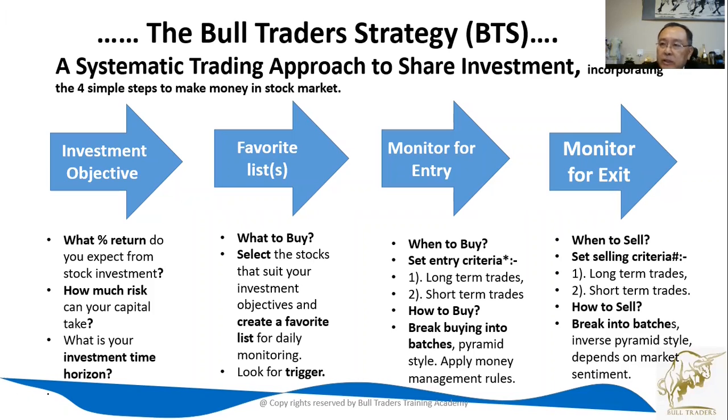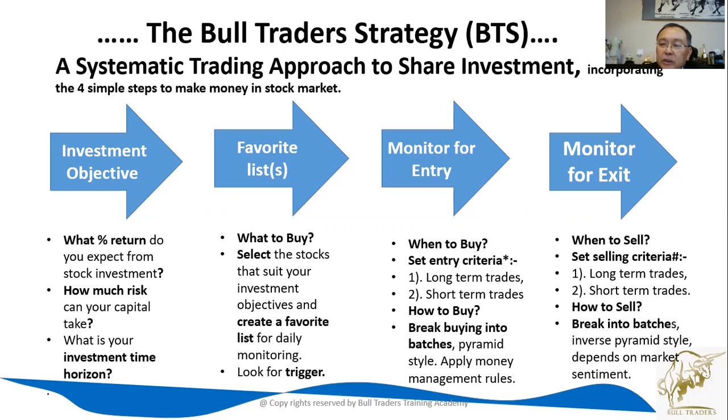So long-term investors, when to sell? You look for price breaking major supports. Major, we're talking about longer-term trends, like 150 days moving averages, 60 days moving averages, and so forth, or even 200 days moving average. When the price moves down these moving averages, you have to sell.